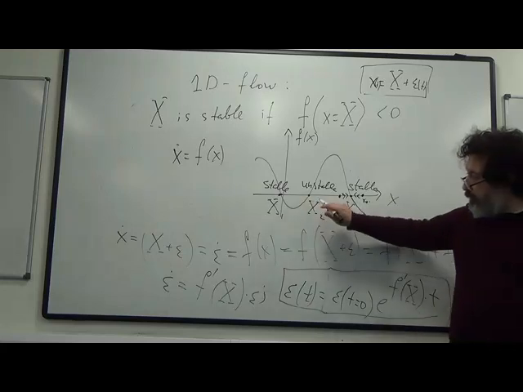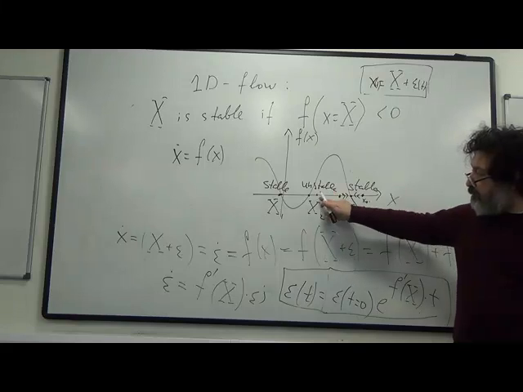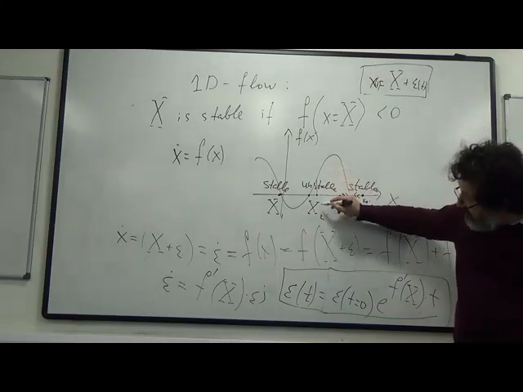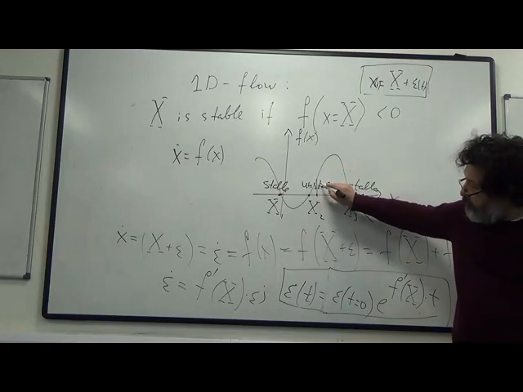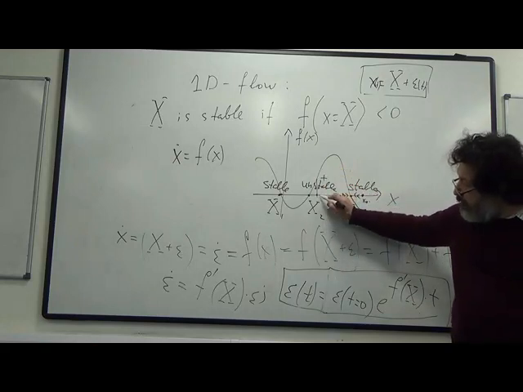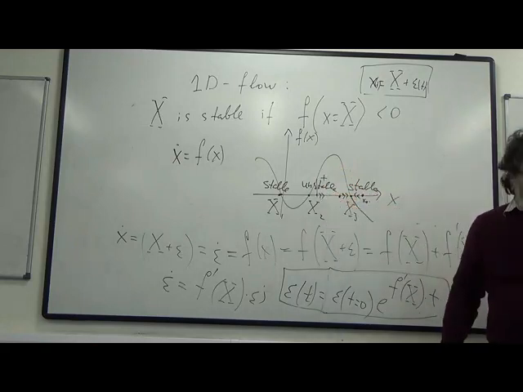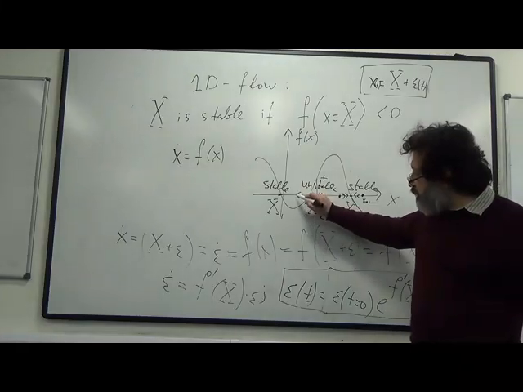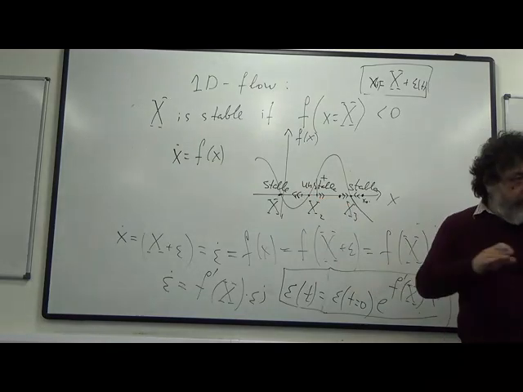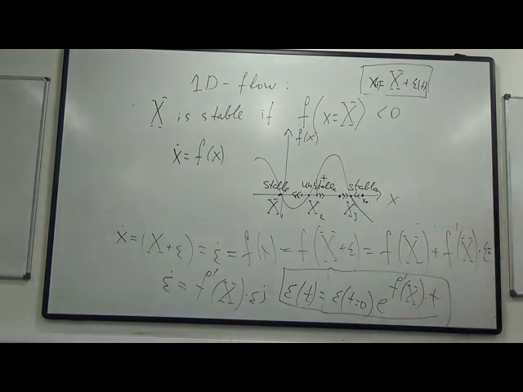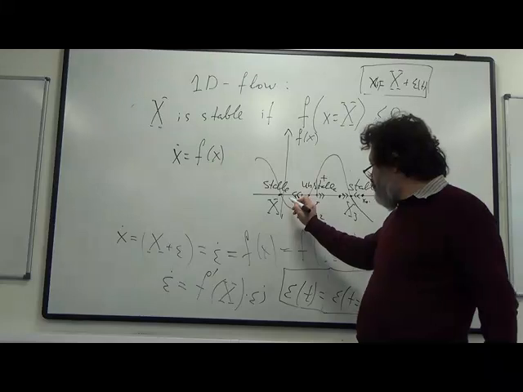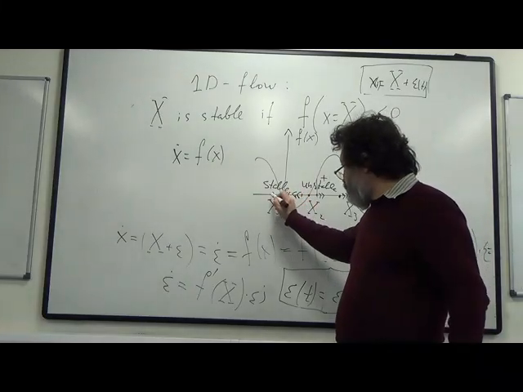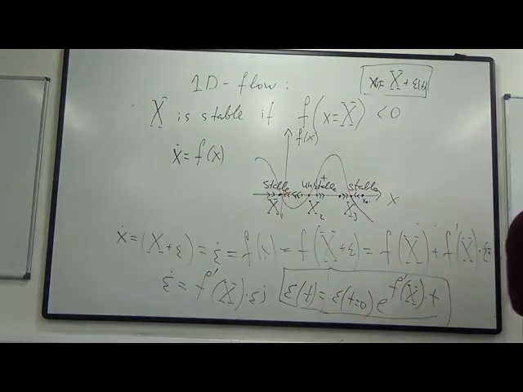Here it's the other way around. If we start here, f for this value is positive, therefore x dot is positive and x should increase. And here it will decrease. It is unstable. You see, there is divergence. And here there will be convergence, and so on.